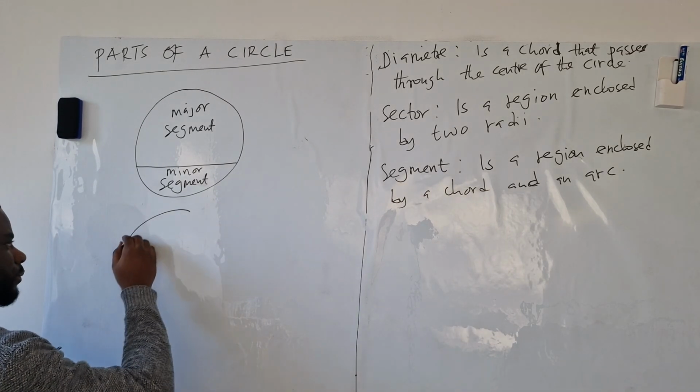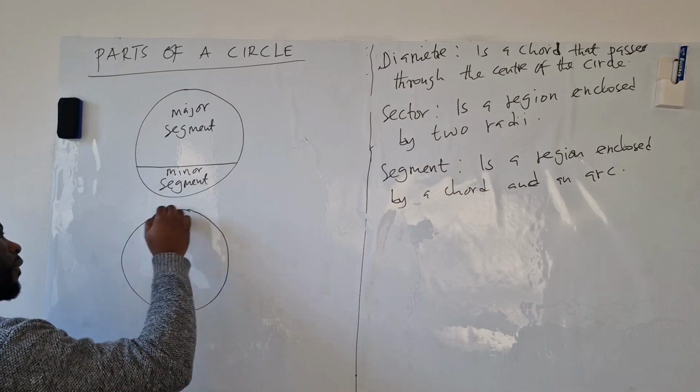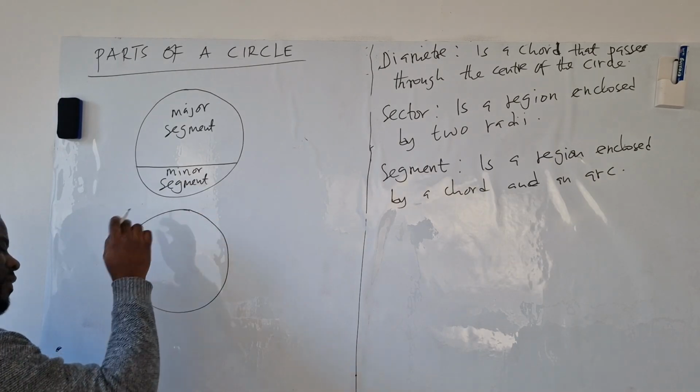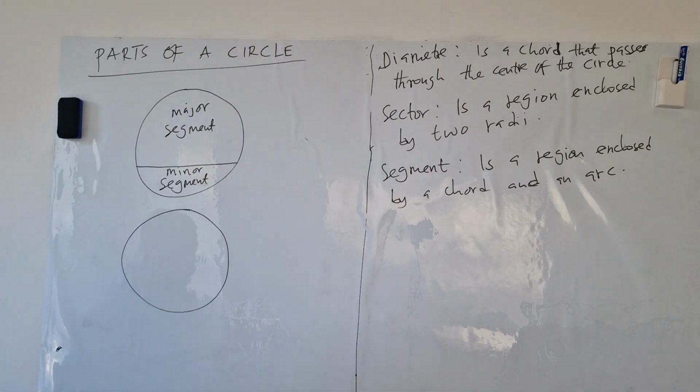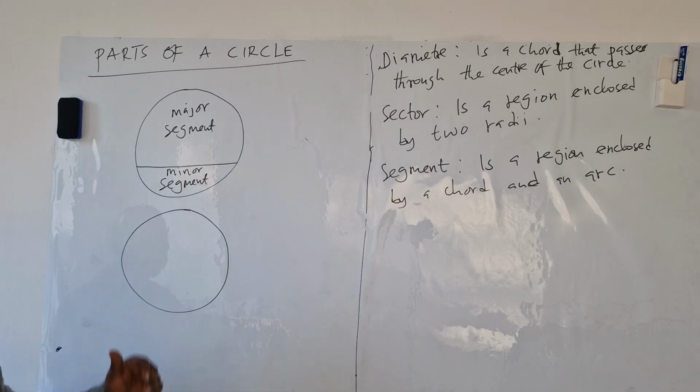Now, we said that whenever there is a chord within a circle, the chord divides the circle into two segments, minor and major. Now let me ask you, what if that chord happens to be the diameter?